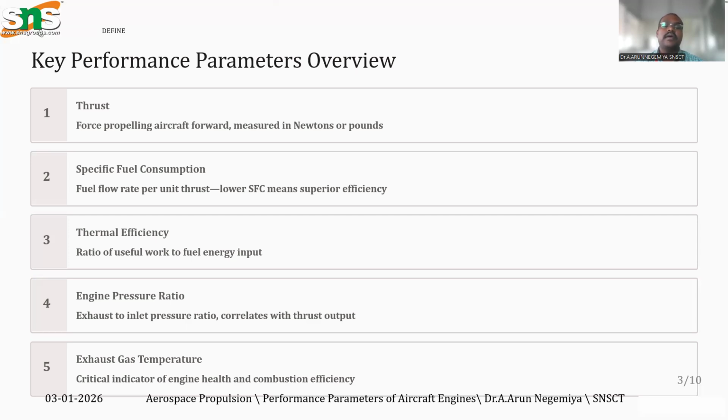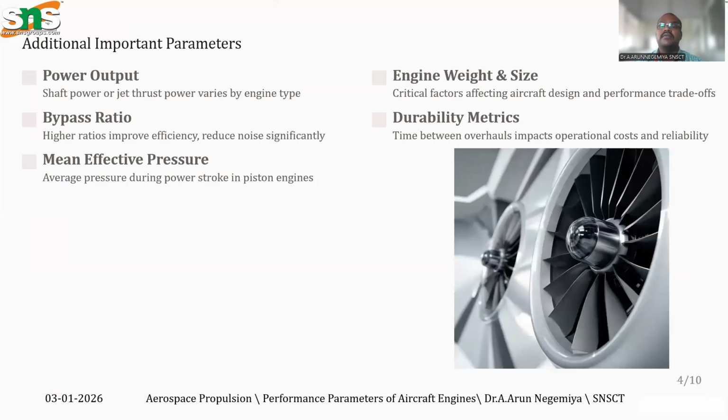It can be calculated as the inlet pressure ratio divided by the thrust output. And the last one is exhaust gas temperature. Exhaust gas temperature can be used to indicate the engine health and combustion efficiency.